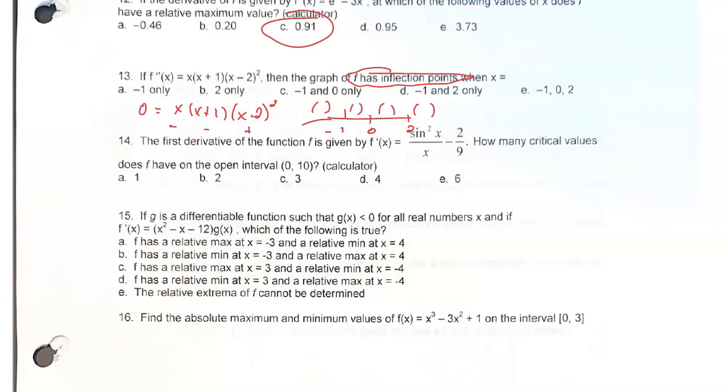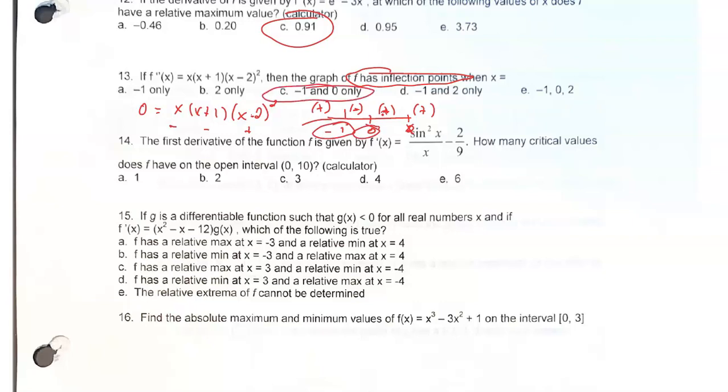This is always positive. So we would go positive, and then this should change to negative. This should change to positive, but what you would find is around the x value of 2, we don't get a sign change. It says positive, positive, so that's not going to give us a sign change. So we always want to test those. So we have a point of inflection at -1, point of inflection at 0, so we're going to pick C.